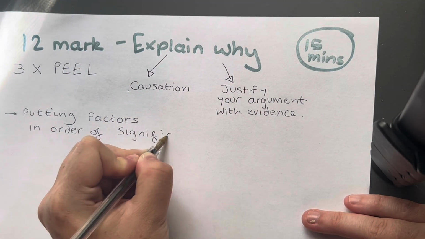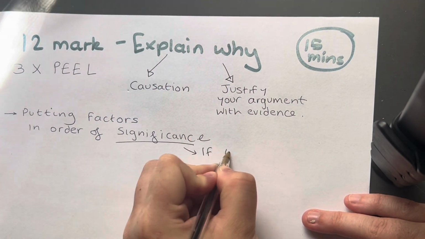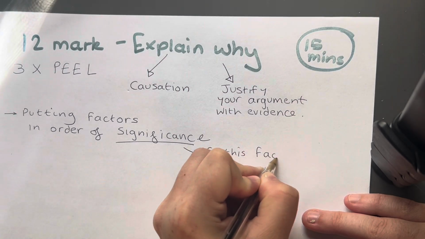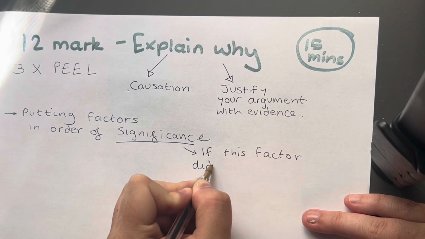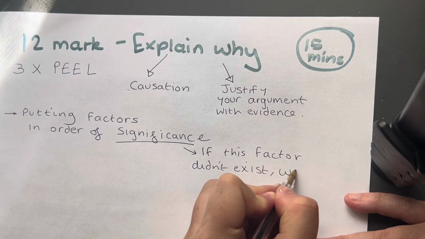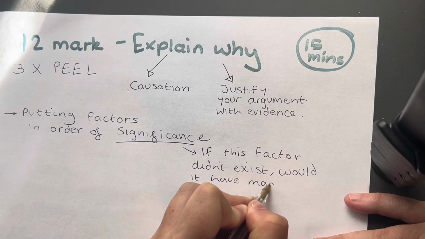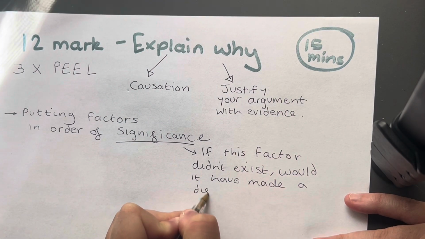So remember, significance is in order of importance. So if this factor didn't exist, would it have made a difference? If the answer is yes, then that is going to be your most significant.